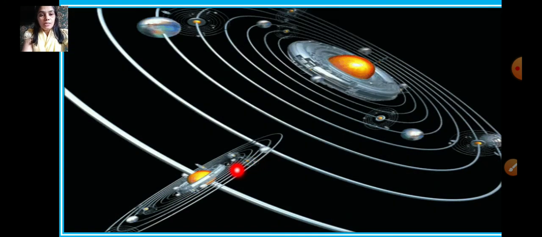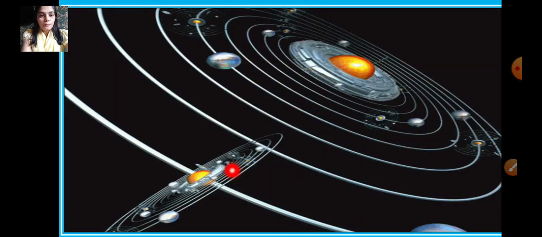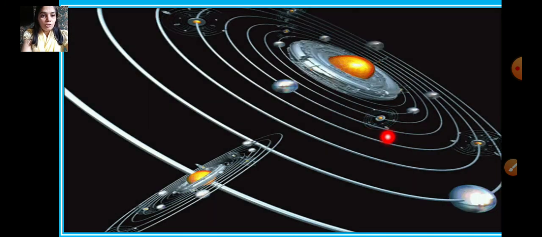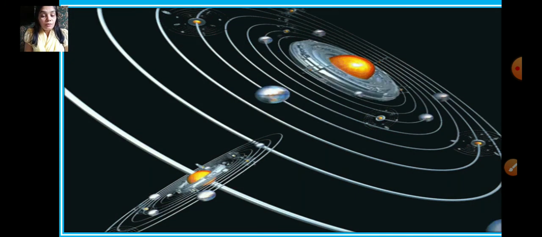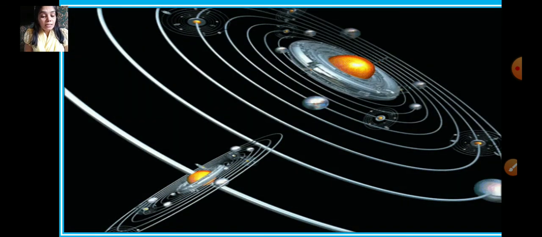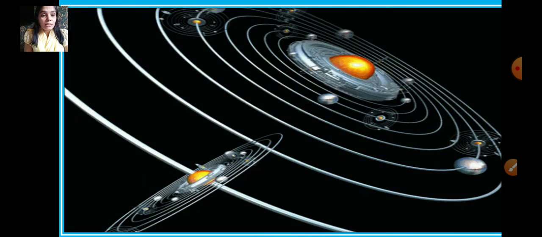You can see some small balls and small dots rotating around the planets. So some satellites revolve around the planets, and these satellites are known as moons.